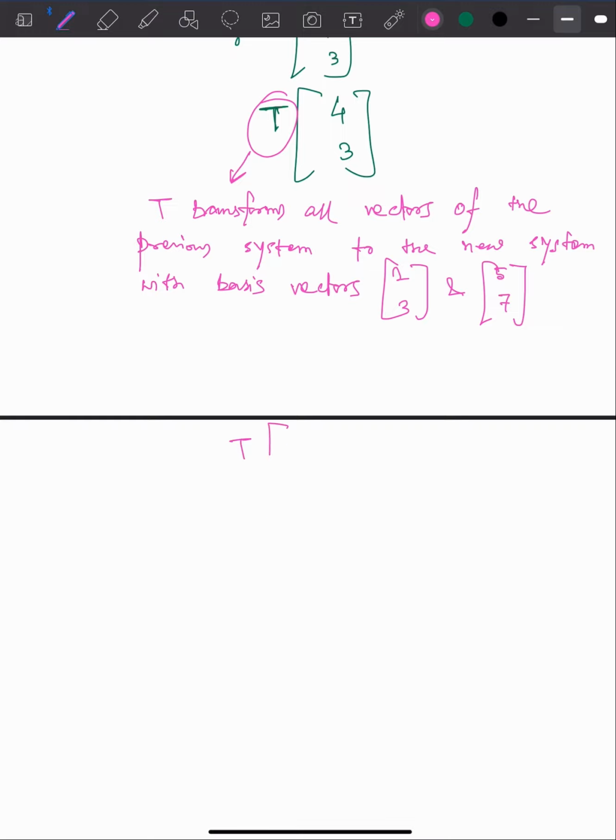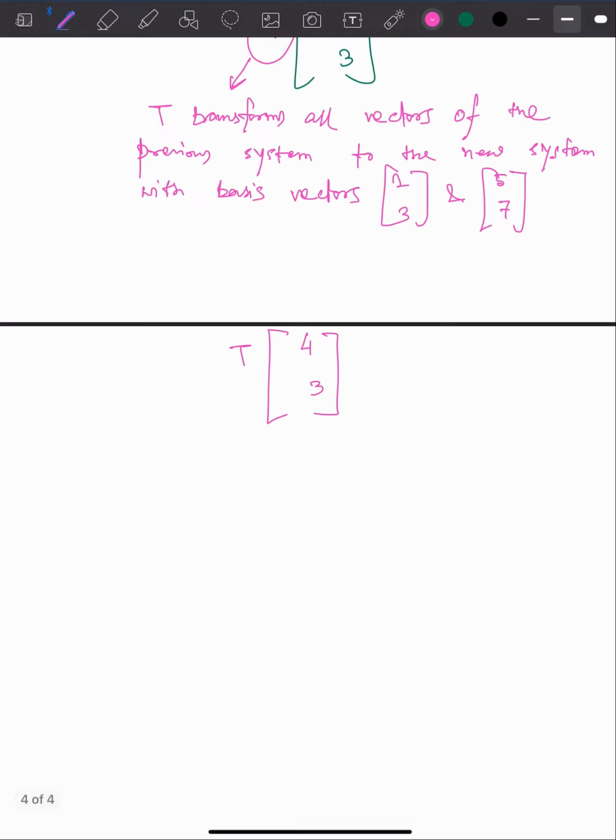So the new transformed version of 4 3 would be T times 4 3.